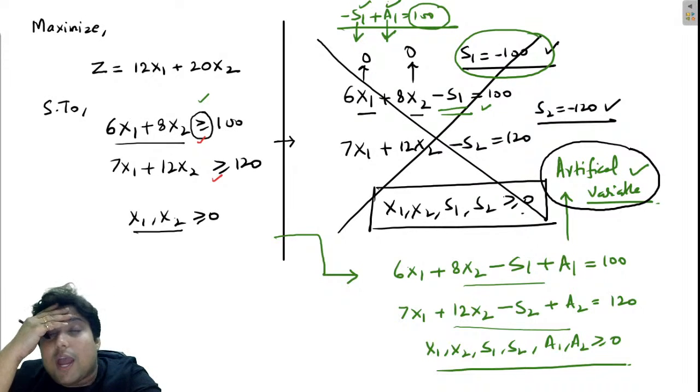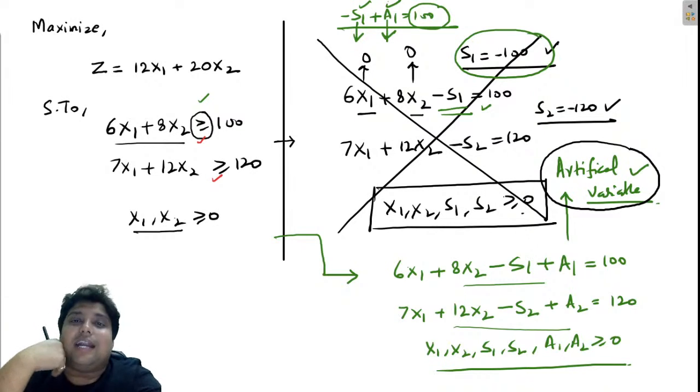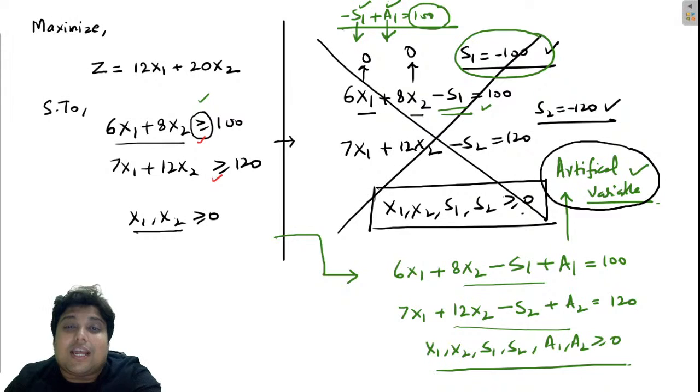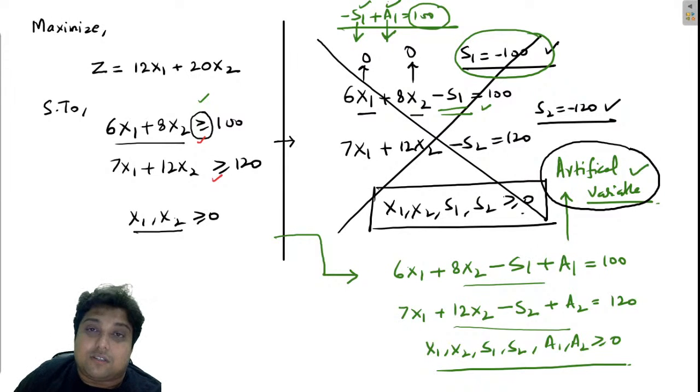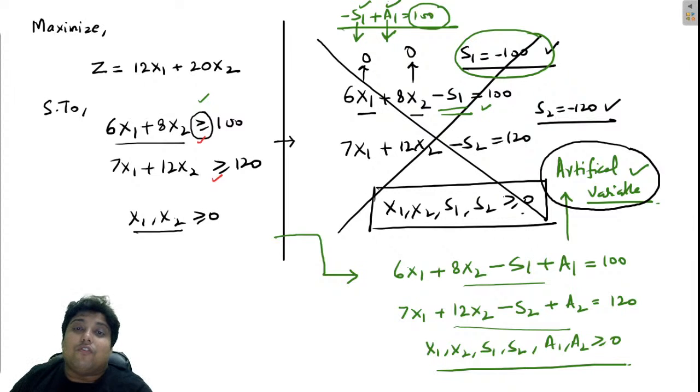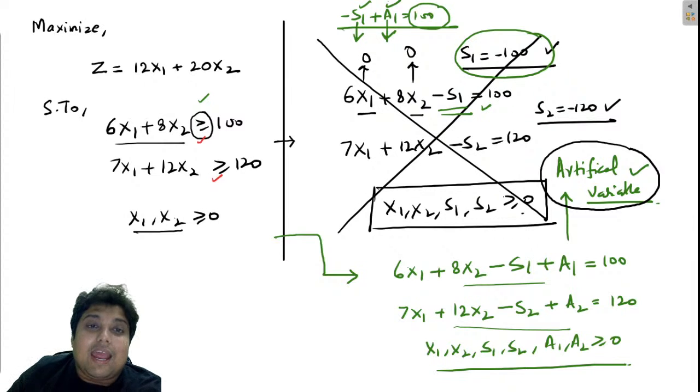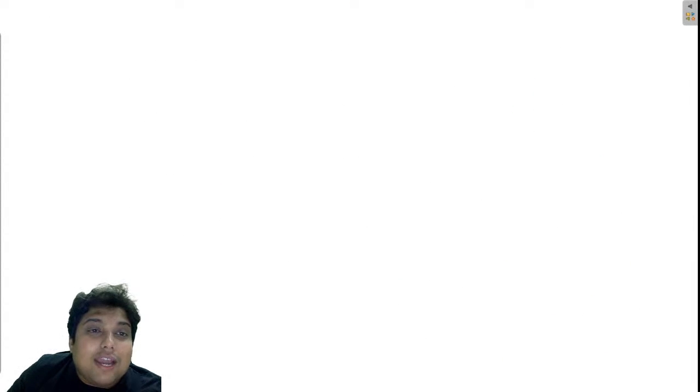We have to make some arrangements so that we can eliminate it. And for that, my friends, we make use of a method, and that method is called the big M method.